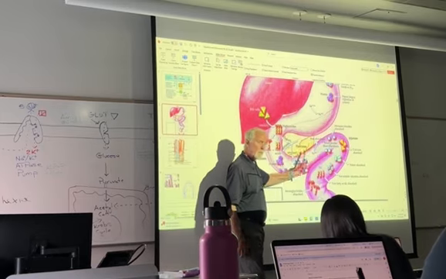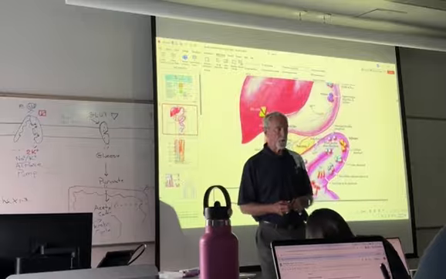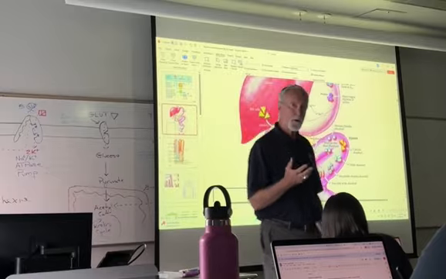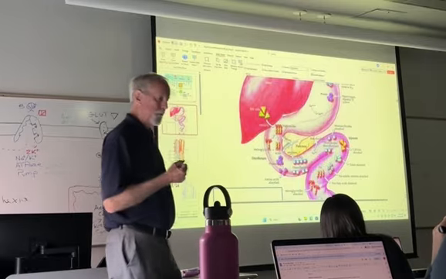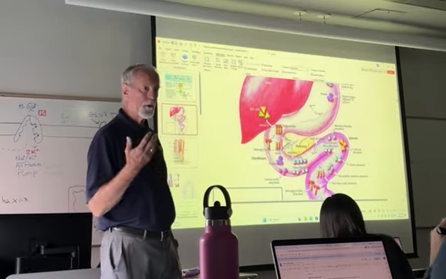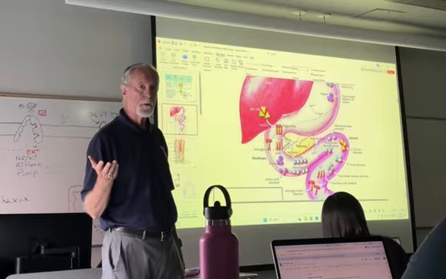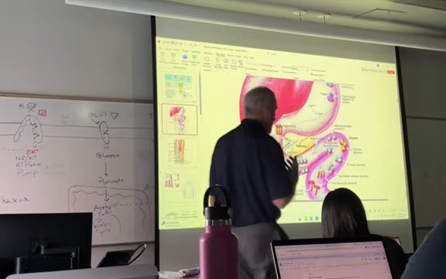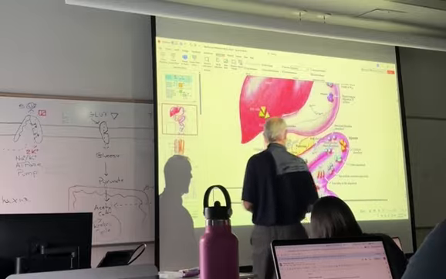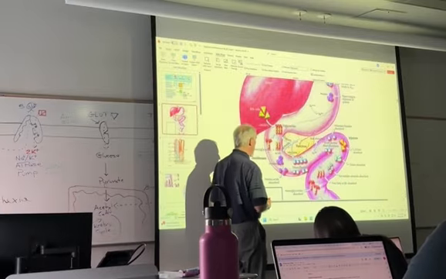Associated with the small intestine is the pancreas. The pancreas is this incredibly important organ. Probably, if I were to ask most of you in here, you'd tell me that when you think of the pancreas, you're thinking about insulin. But the pancreas is playing a central role in the digestion of our food molecules.